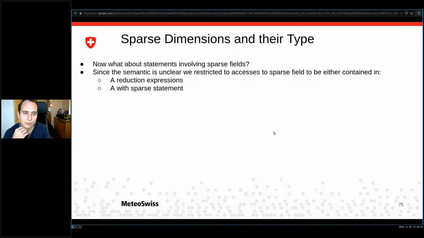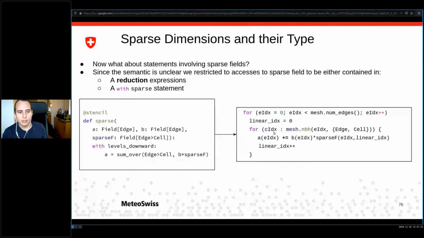They can only ever appear in a reduction expression or in a with sparse statement, because only in these contexts it is very clear what we mean when accessing the sparse field. And this also makes the type rules quite simple, because then we have this sparse field with a neighbor chain and we have the reduction with a neighbor chain. And basically these two things need to match.